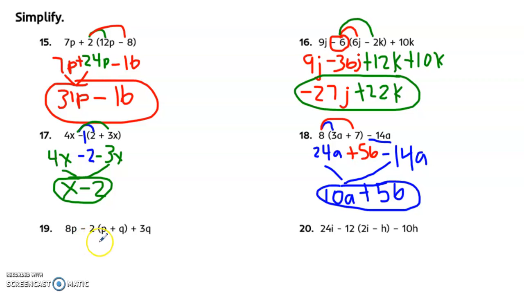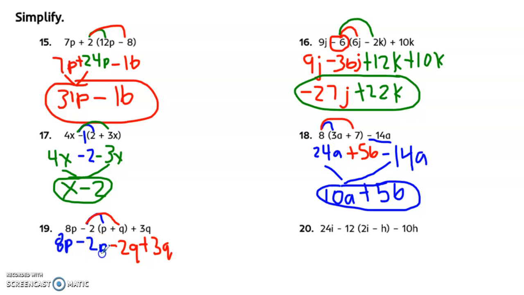8p minus 2 times p plus q plus 3q. So we can't combine p plus q, so we will distribute. Negative 2 times p is negative 2p. And then negative 2 times q is negative 2q. Then bring down our 3q and bring down our 8p.